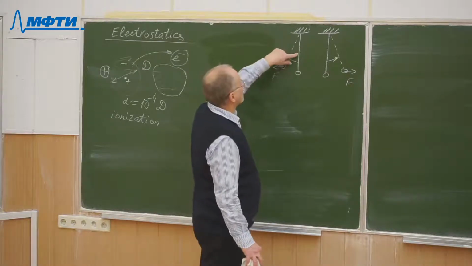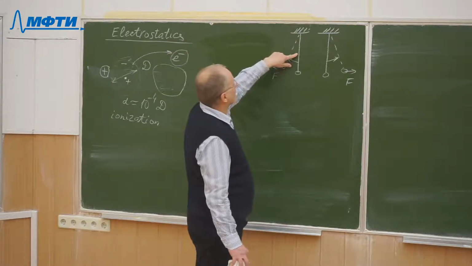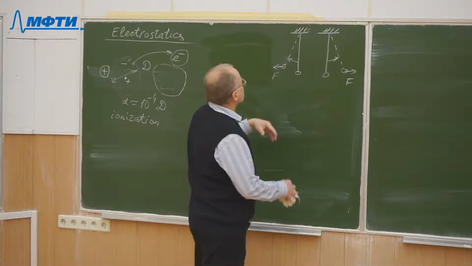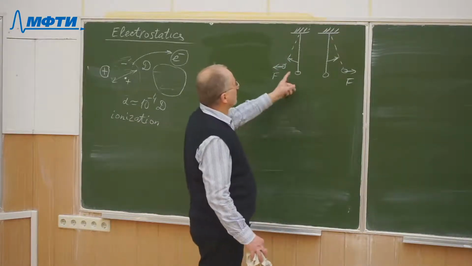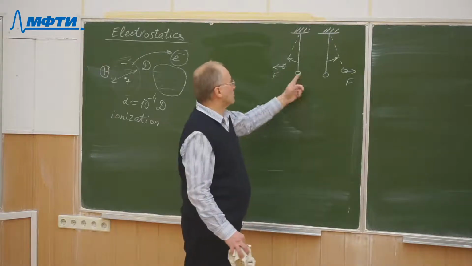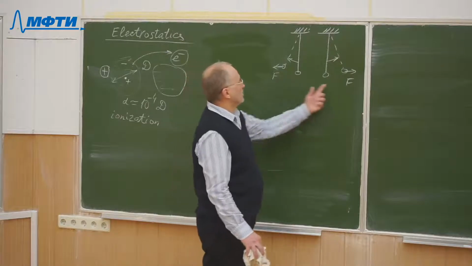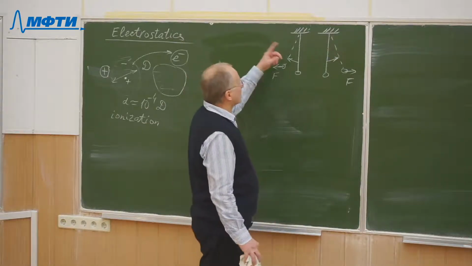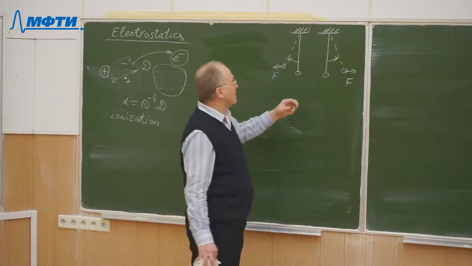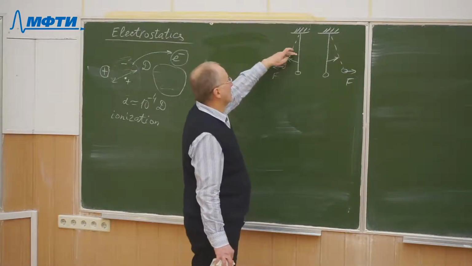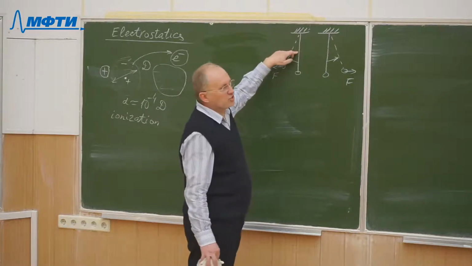If we take some wire instead of silk thread, and this wire is somehow connected to the earth, then no electrifying is possible, no charge will be kept on these two balls, and there will be no force of interaction. So some substances may transmit electric charges easily. Other substances, like silk thread, do not transmit electric charges.